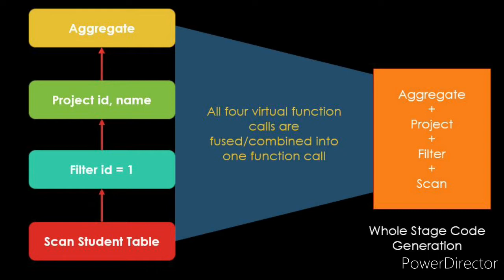The whole stage Java code generation process improves query execution performance by optimizing the whole query tree and collapsing it into a single Java function.